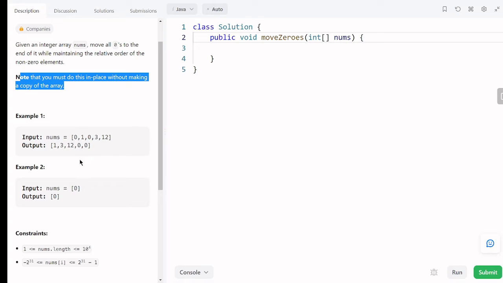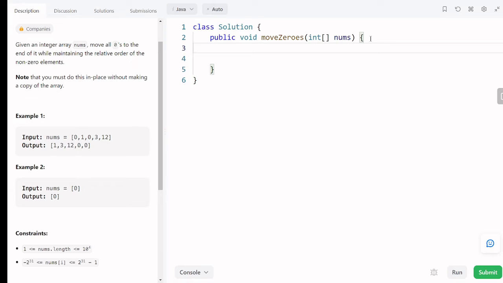So what is the approach for this problem? Firstly I count the zeros, and then after that I put them at the last. Let me write the code.